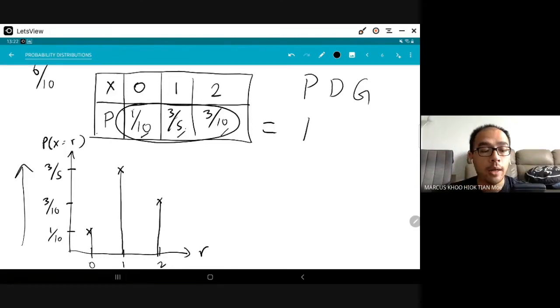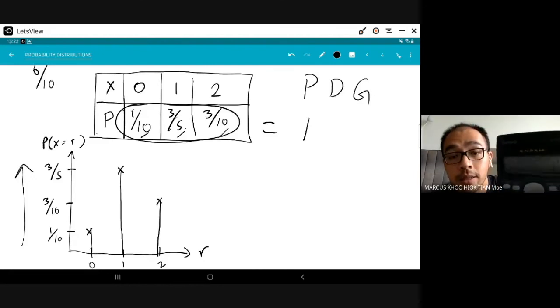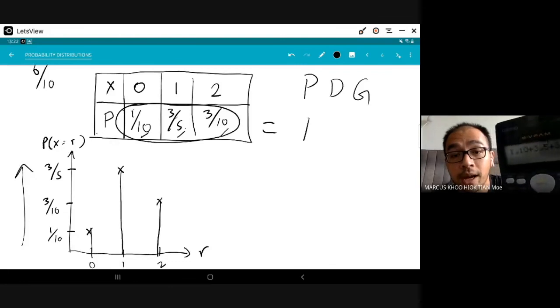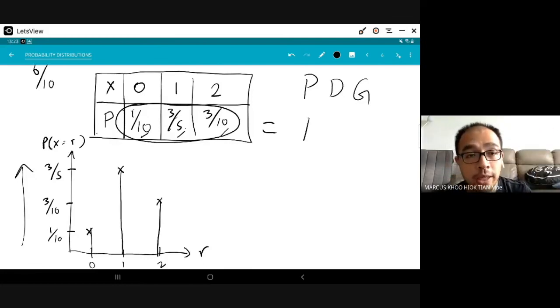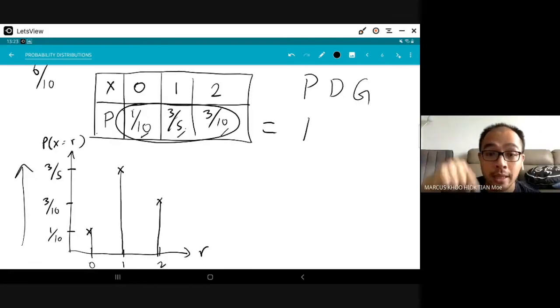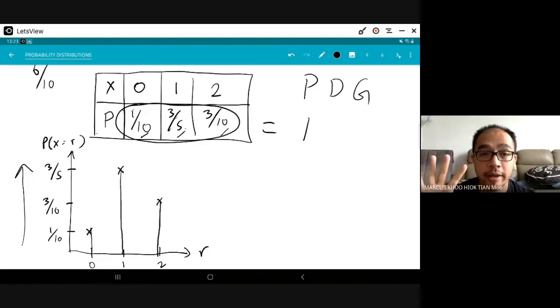Okay, so 1 over 10 plus 3 over 5 plus 3 over 10, and you get the answer equals to 1. Once you know that the total probabilities is 1, then you know your graph is complete, which means all your steps have been done correctly.